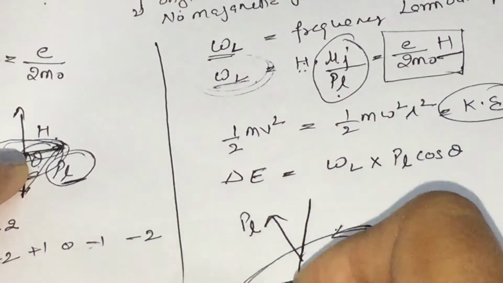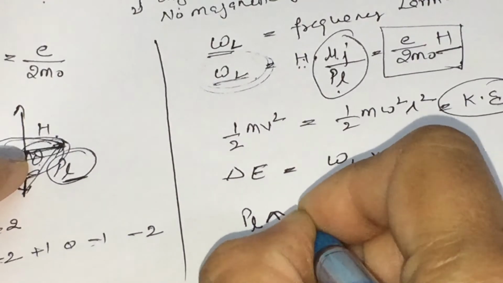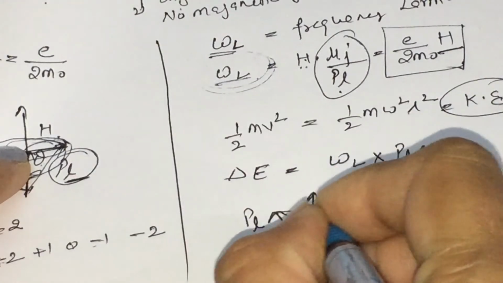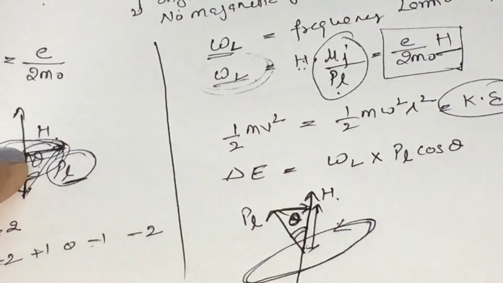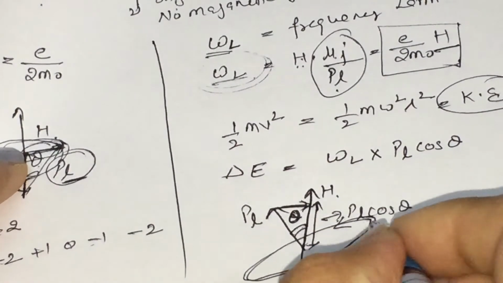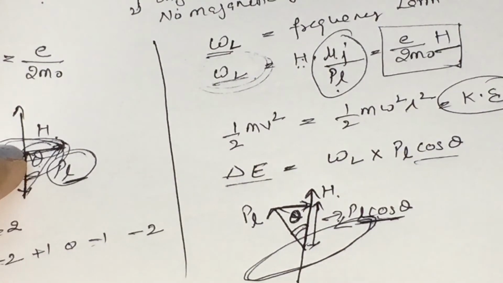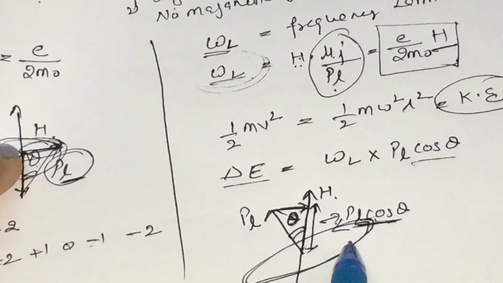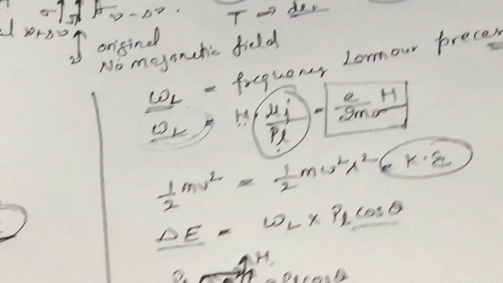And if we apply a magnetic field in this direction, and these two vector quantities make an angle theta with each other, then the projection of mechanical angular momentum in the direction of H is given by P_L cos theta. Here we are considering this term. This term will change the energy of the particle also. As theta changes, the value of precession will change, and due to the change in the angular frequency, there is a change in the energy.